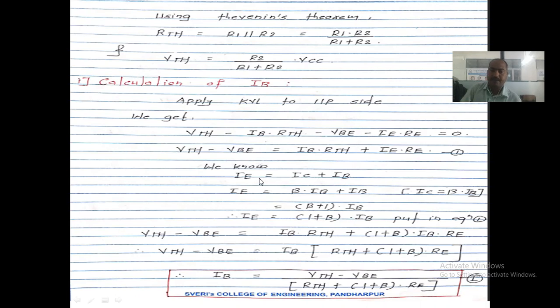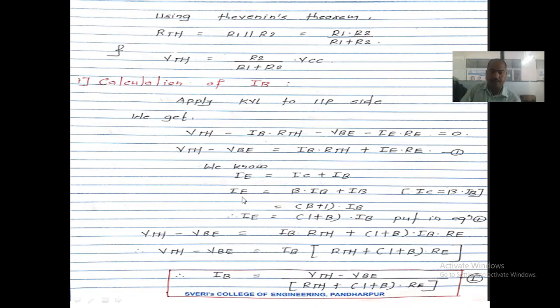So here, since our I appears, we use IC plus IB. Another thing we know is that IC is nothing but beta times IB. So I equals beta times IB plus IB. This is the equation for I, right?